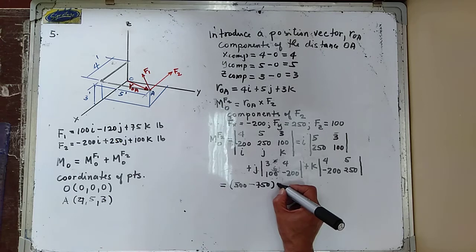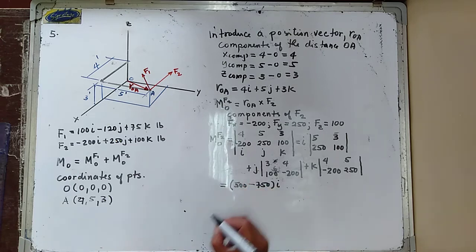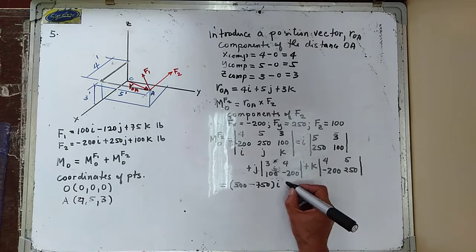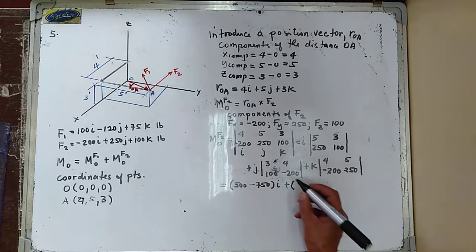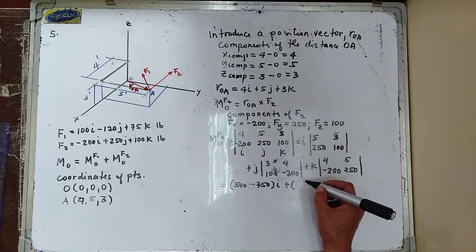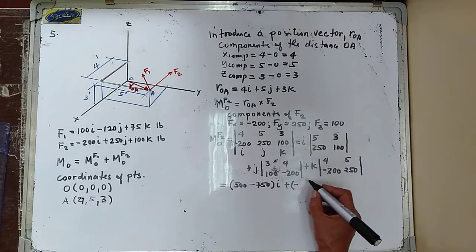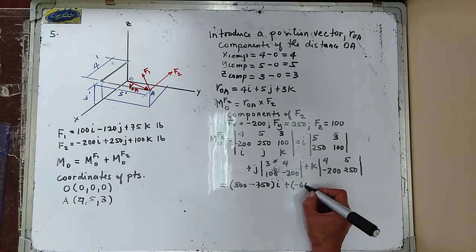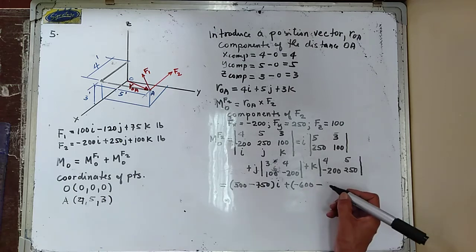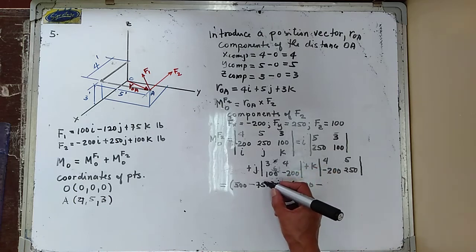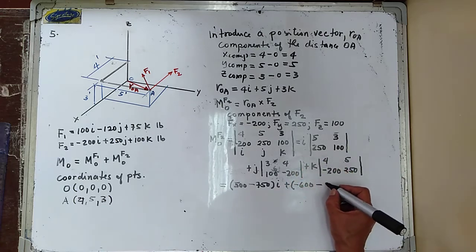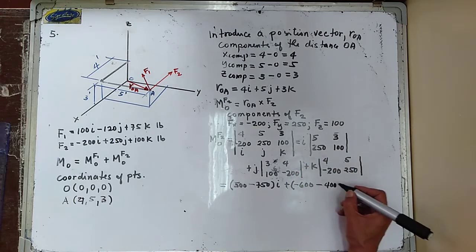So we have your i. Plus 4 by 100, 3 by minus 200 is minus 600, minus 4 by 100 is 400.